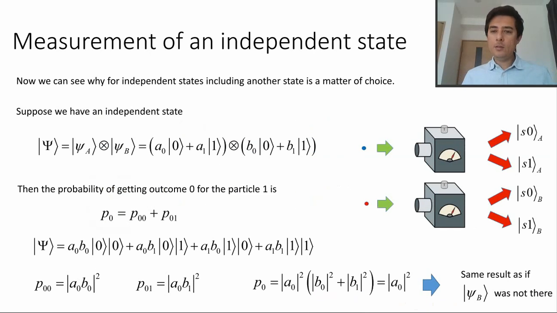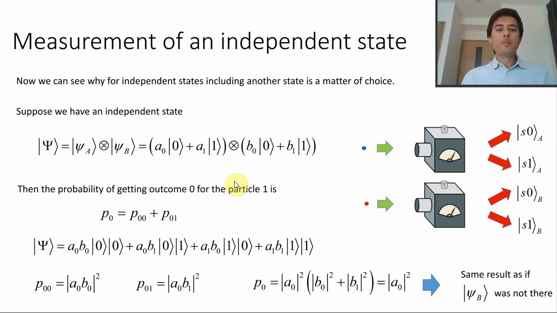So let's go back and talk about that independent state example again. What if we have this independent state, where we've got the product form of the wave function? These are particles that don't know that each other exists. They've never met. Maybe they're on opposite sides of the world.